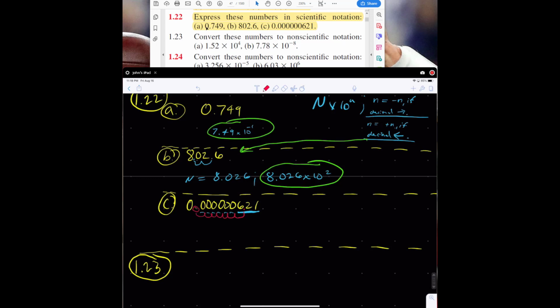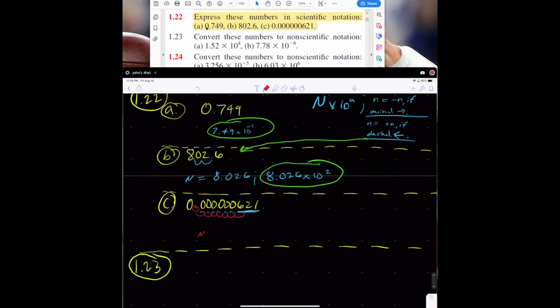As a result, N is equal to 6.21. But let's complete it. Since we moved to the right, the exponent is negative. What's our exponent number? We moved it 1, 2, 3, 4, 5, 6, 7, so it's going to be -7.